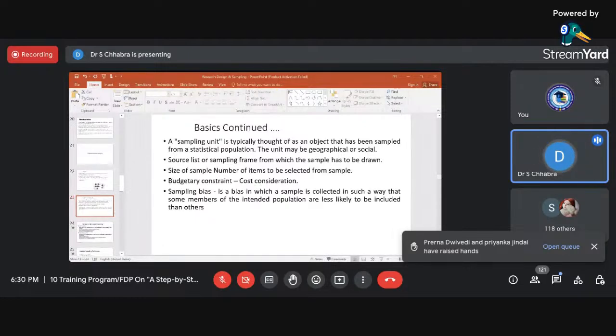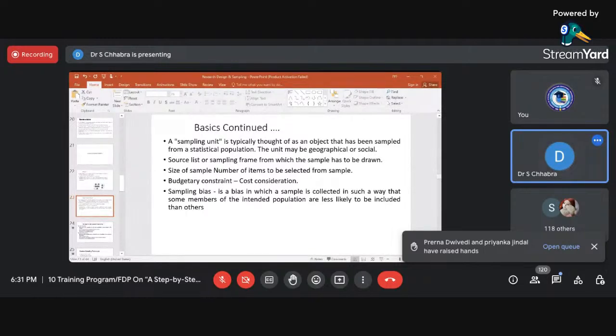So we have already talked about the number of samples, and I will detail the number and size of the sample. Remember, you have to look at what constraints or considerations you have, including cost, because going out and getting the sample, how approachable the people are, how you do a study on them, at times becomes a very tedious task.